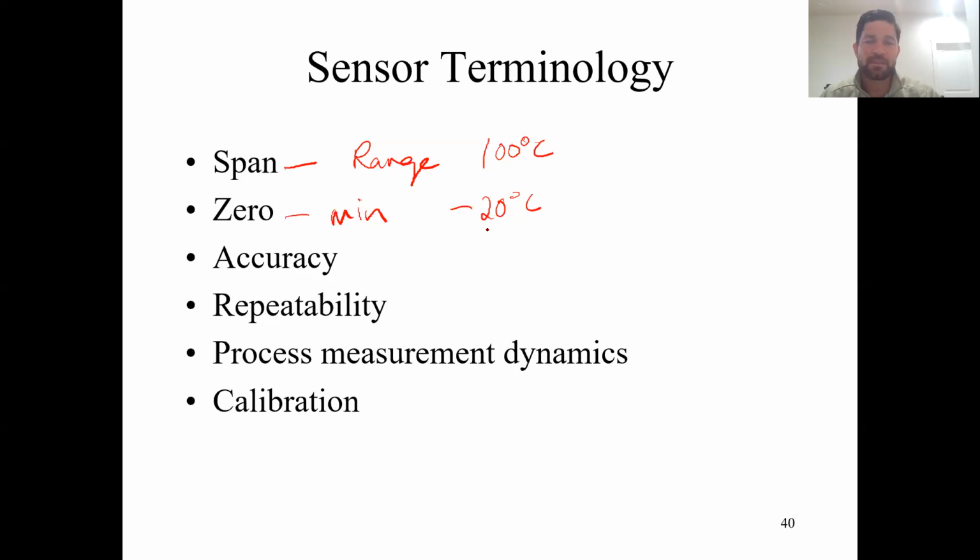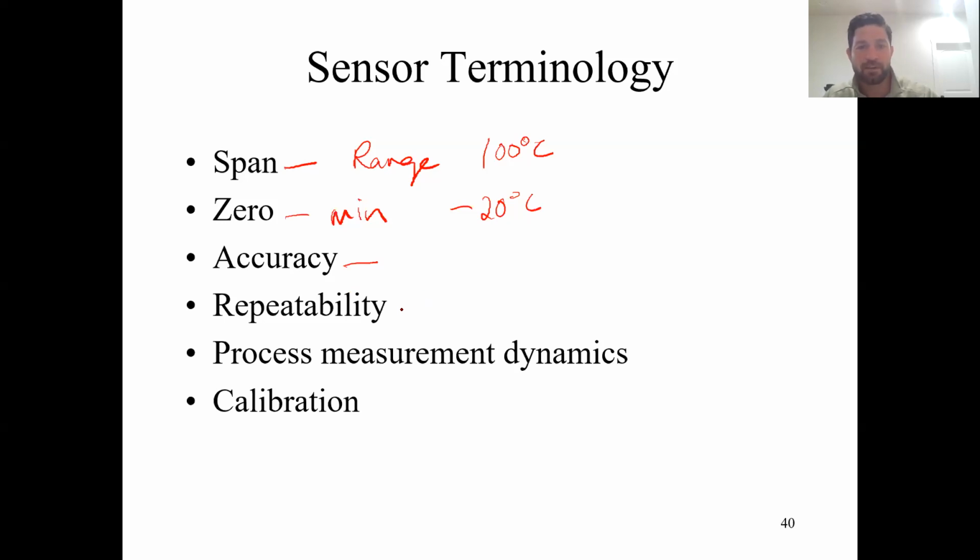There's a homework problem where you just apply this, so look over that. These other terms are maybe a little bit intuitive. Accuracy is a measure of how close the sensor is to the actual value. We typically assume our sensors are accurate, and if they're not accurate, they have to be calibrated. Repeatability is going to be something important.